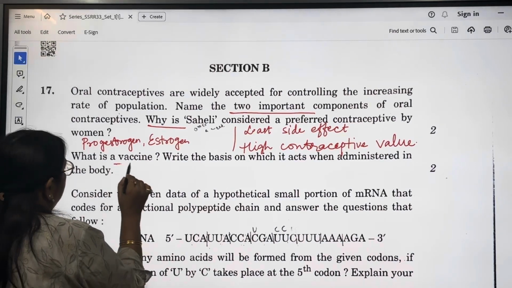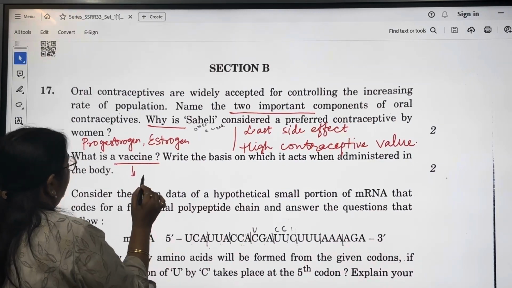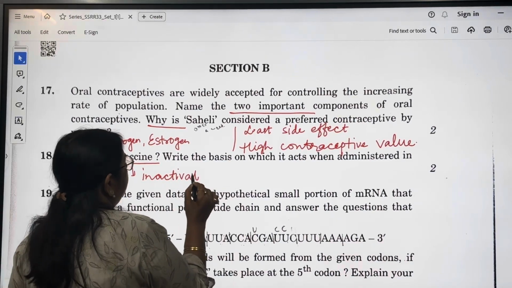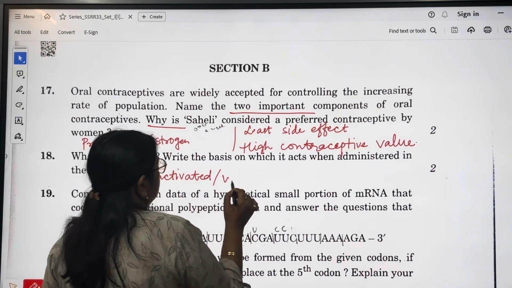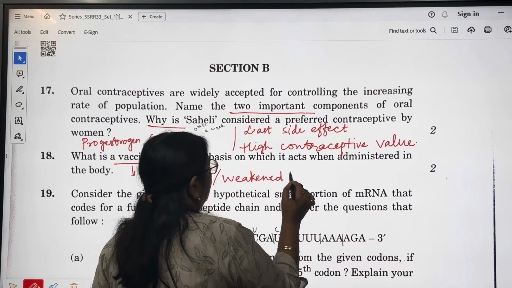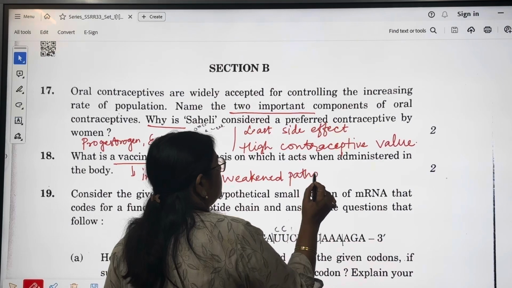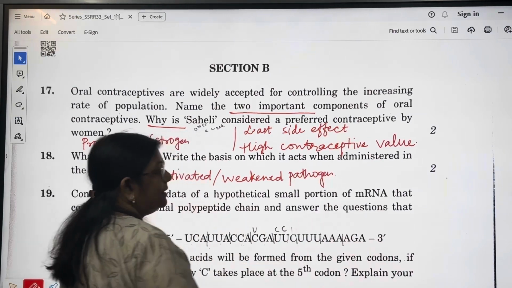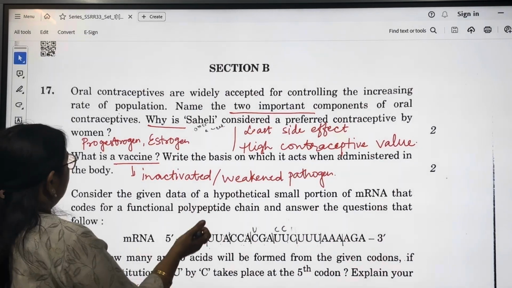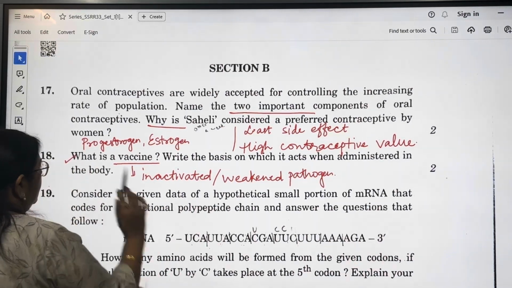What is a vaccine? Vaccine, as you know, is an inactivated or weakened pathogen, or you can also say that the antigenic molecules prepared by the pathogen can also be introduced as a vaccine in the body.